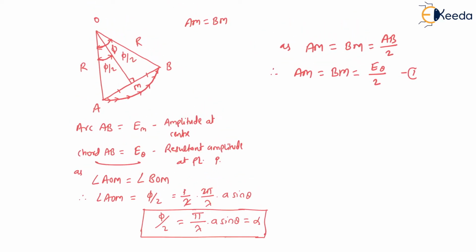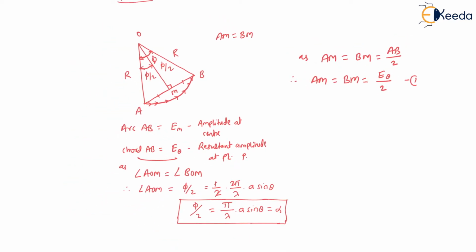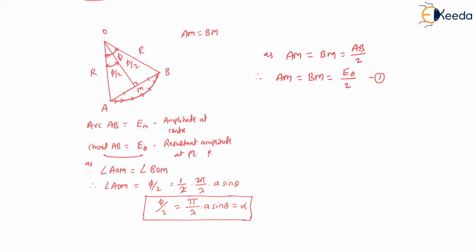Again, see here in triangle AMO, or OMA, again we will find out the value of AM. So we'll consider sine phi by 2 will be equal to AM upon OA. So here I can write AM is equal to OA into sine phi by 2, and the value of OA is nothing but the radius of that circle.